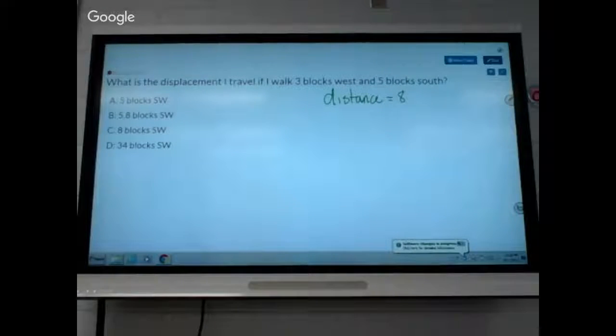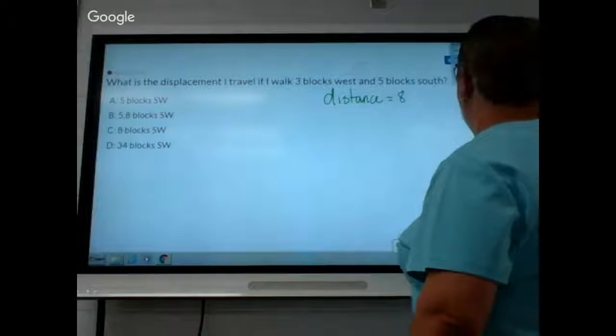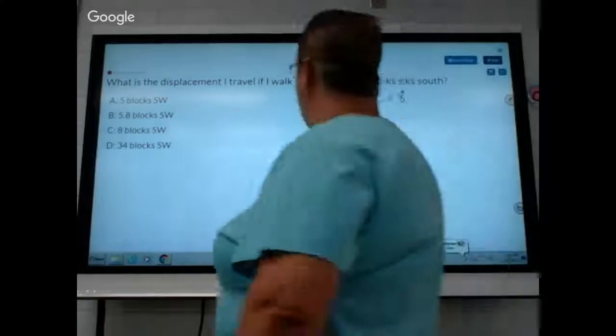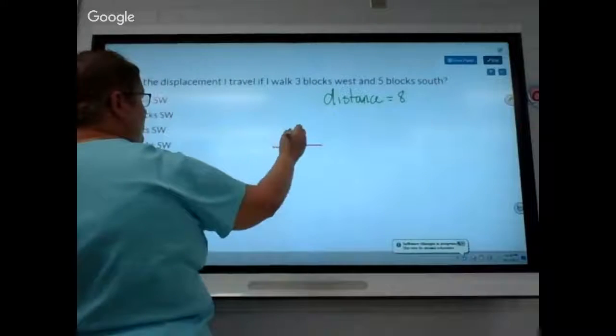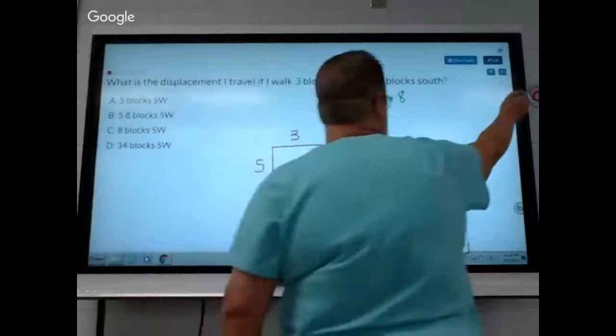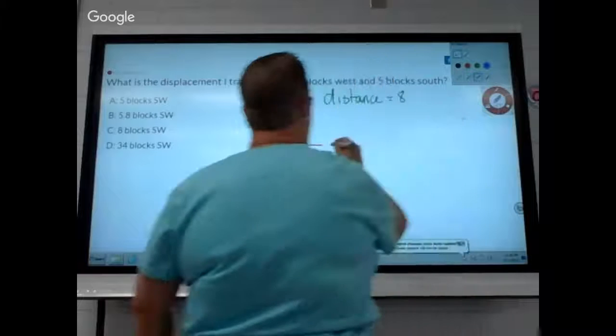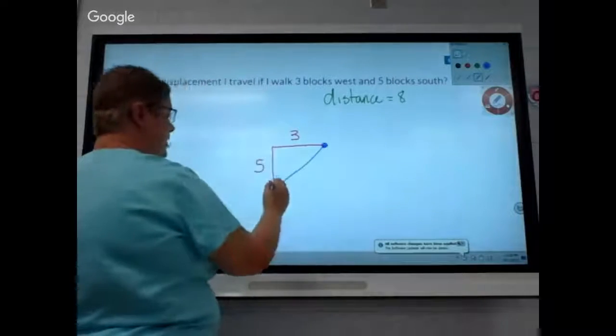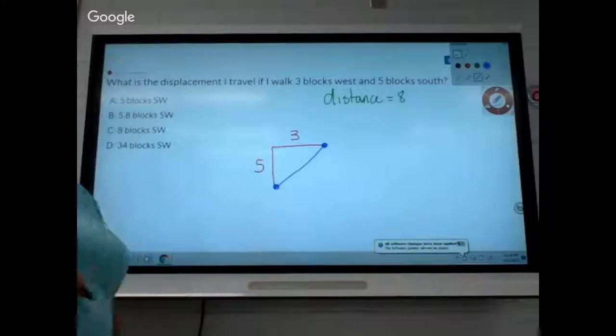And if they didn't ask for distance, they asked for what? Displacement. That's like the shortcut. So you walk 3 blocks west and 5 blocks south. You're looking for the shortcut. You went from here to here through the church parking lot.